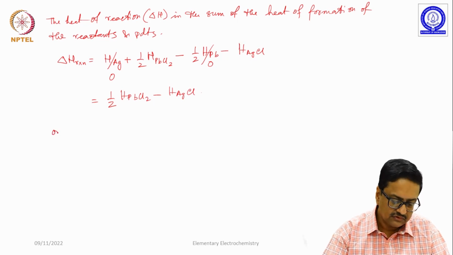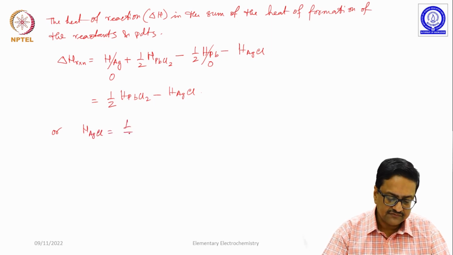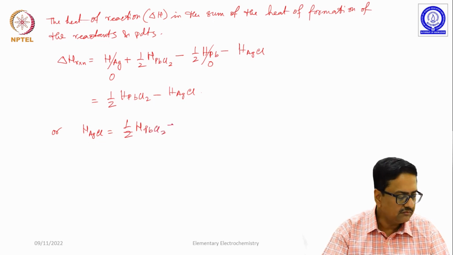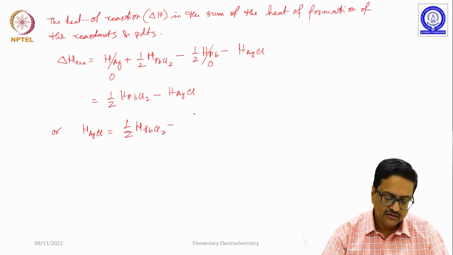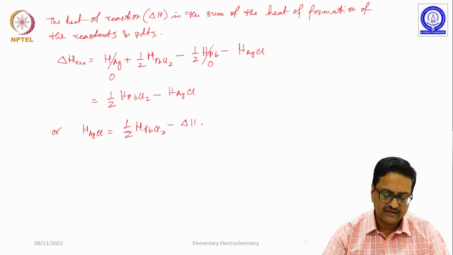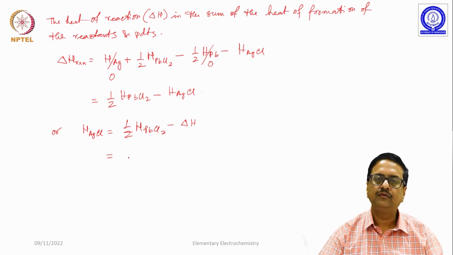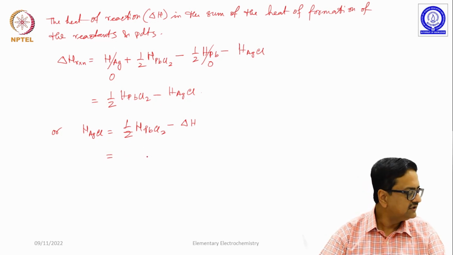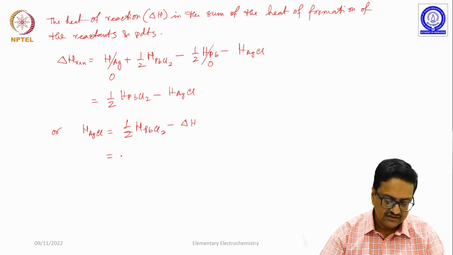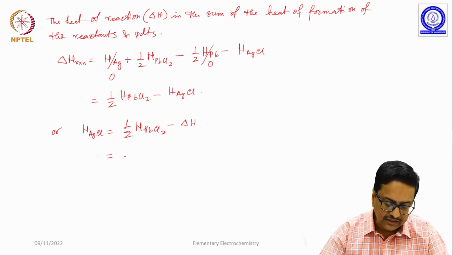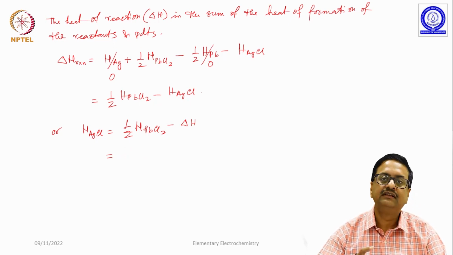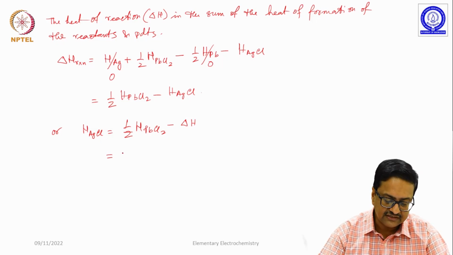So, H of AgCl is nothing but half of H of PbCl2 minus delta H of reaction. Now, what was the heat of formation of lead chloride? It is given as 86 kilocalorie, and the heat of formation is always negative.